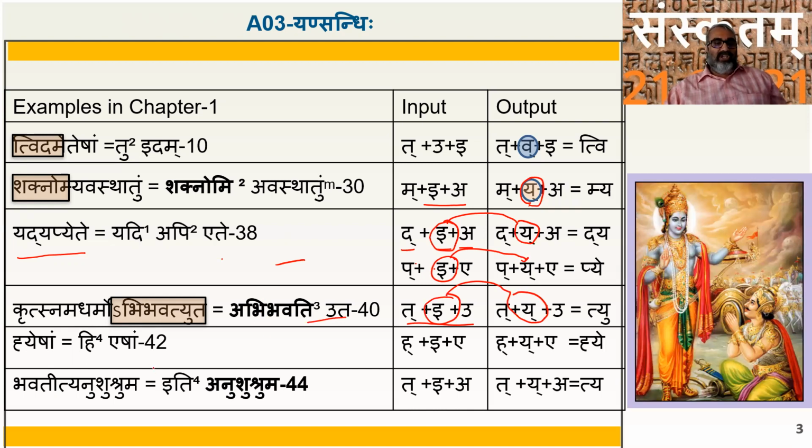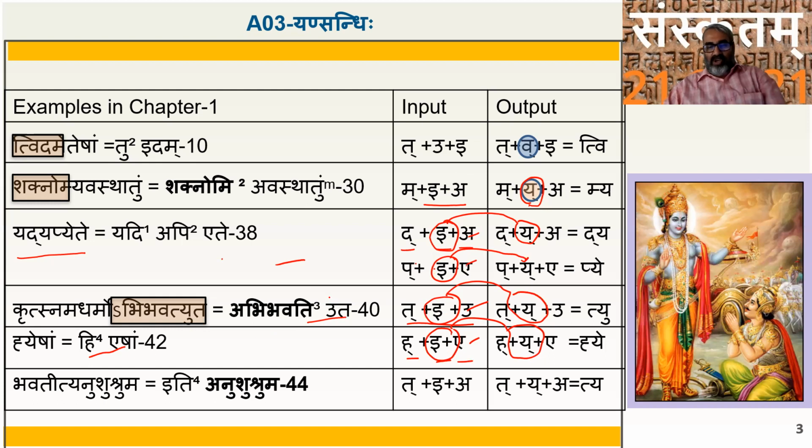Then we have got te plus esham. So again, i and a, and again i is becoming ya. So there's a consistency here, whichever vowel you have in the beginning. Always i becomes ya and u becomes va.